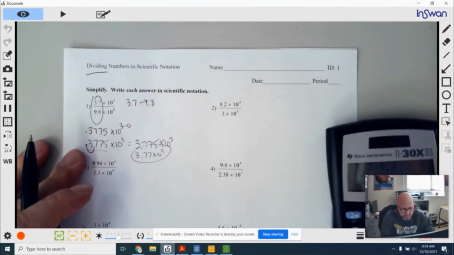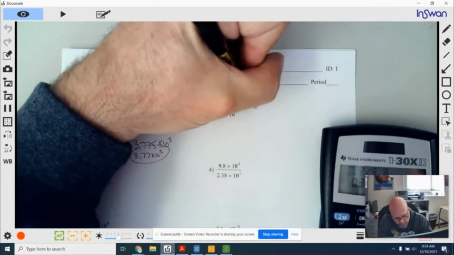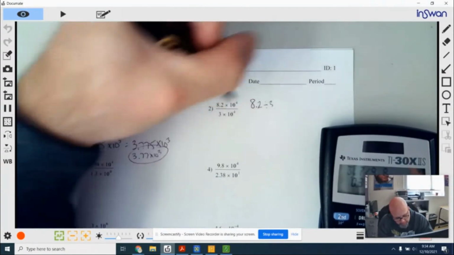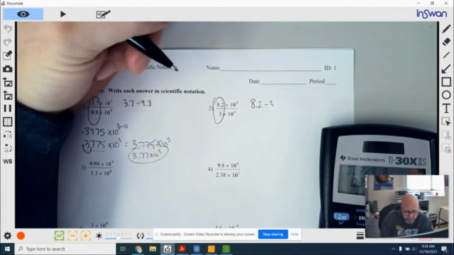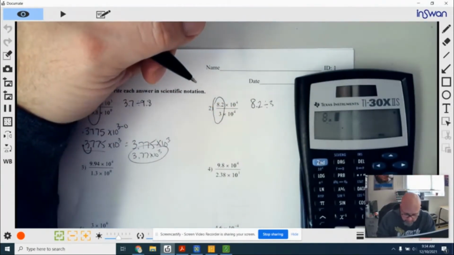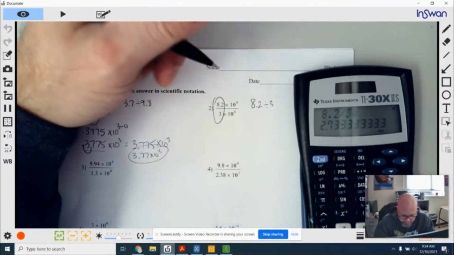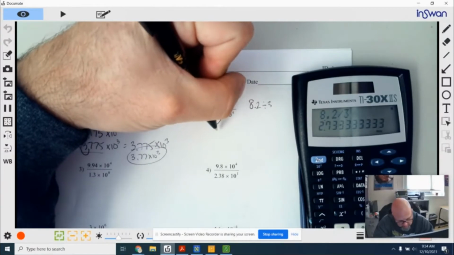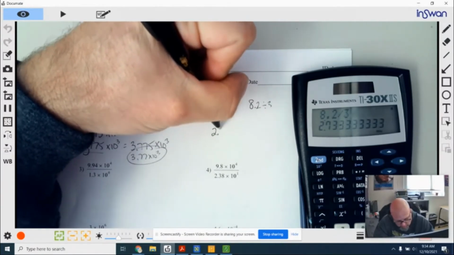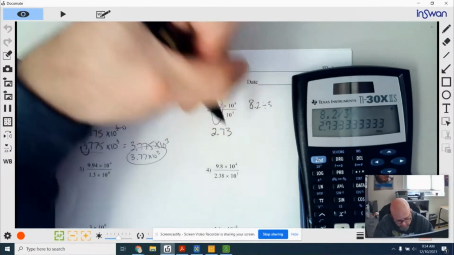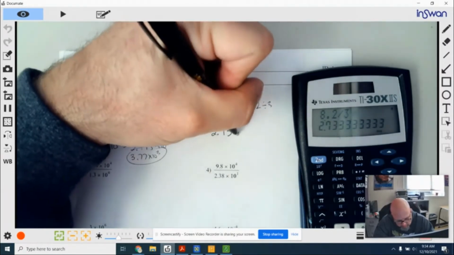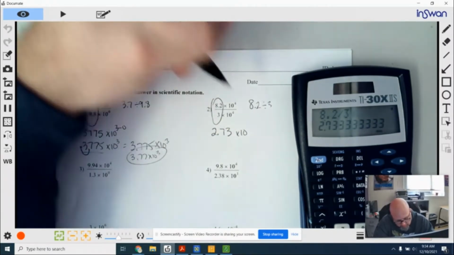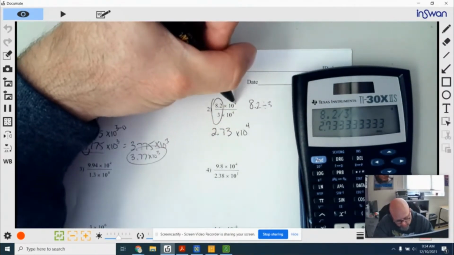Okay, number 2, let's do 8.2 divided by 3, which comes from those base numbers. So 8.2 divided by 3. And I'm going to modify a little bit. I'm just going to write down the first 3 numbers I see. 2.73 times 10. And then I put the top exponent 4.